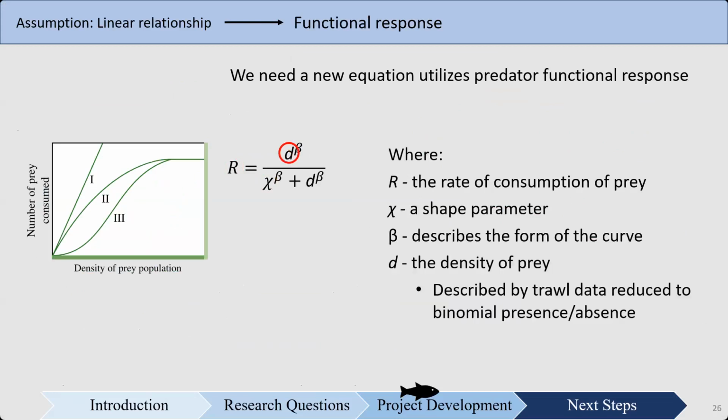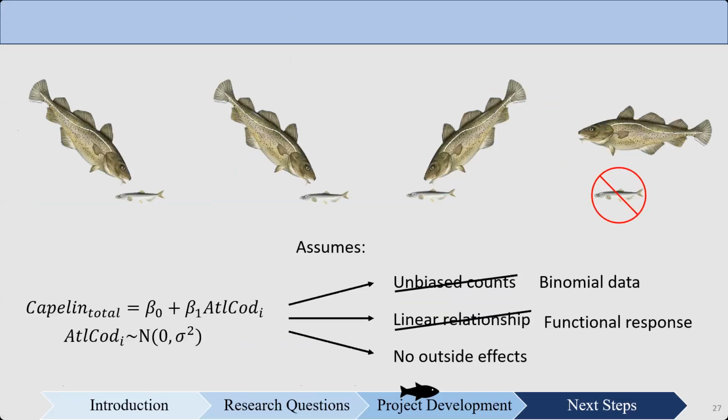And then D is the density of prey, which is described by the trawl, which is what I was mentioning before in the introduction. And the same thing for trawl data, because of unbiased counts maybe, we're going to reduce this to binomial presence-absence data as well. We've now addressed those two things.